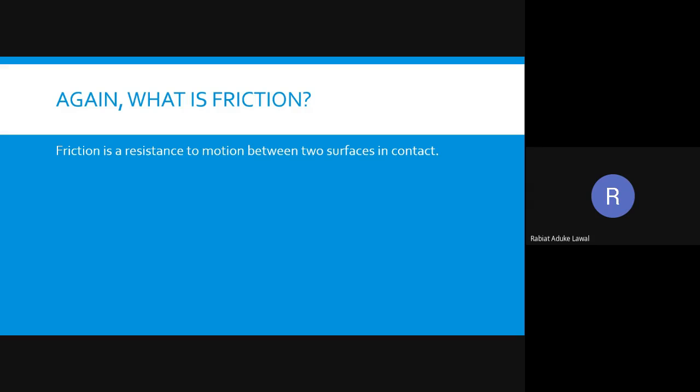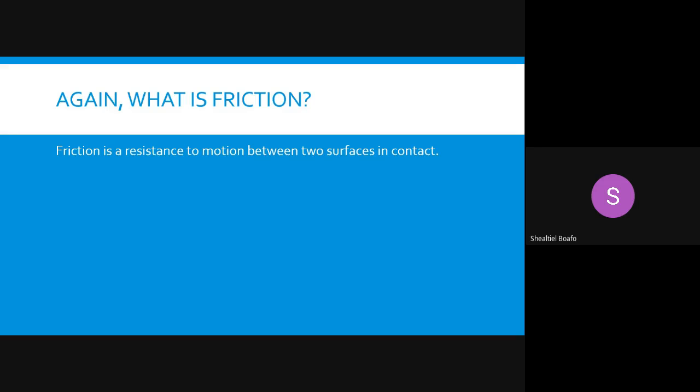When we are defining friction in general terms, we say that it is a resistance to motion between two surfaces in contact.